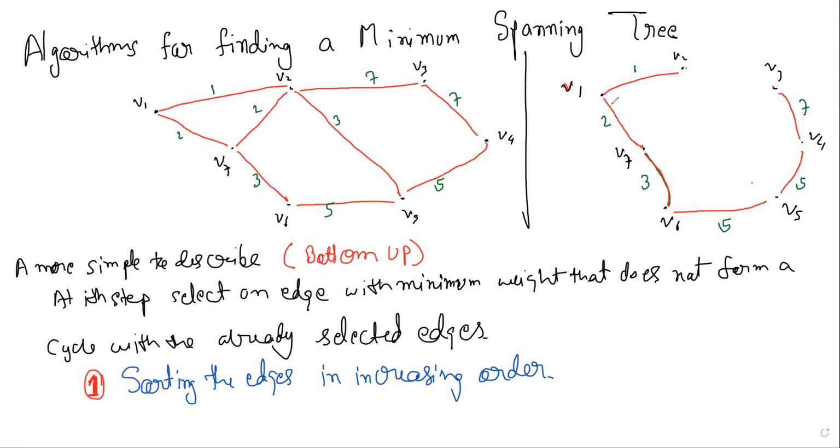Oh, because it was forming a cycle, right? But there is no edge from V1 to V5. Which one?